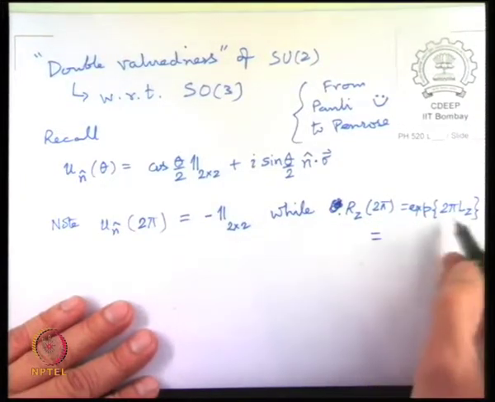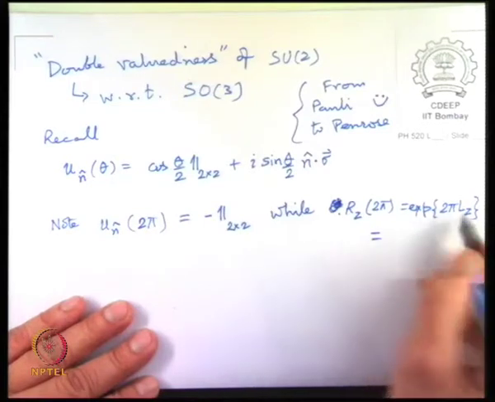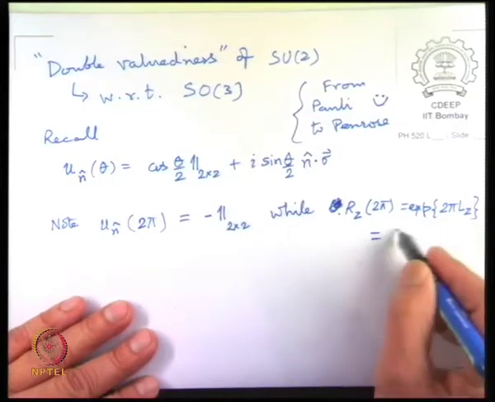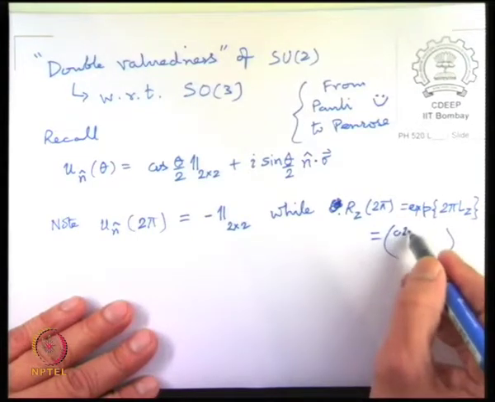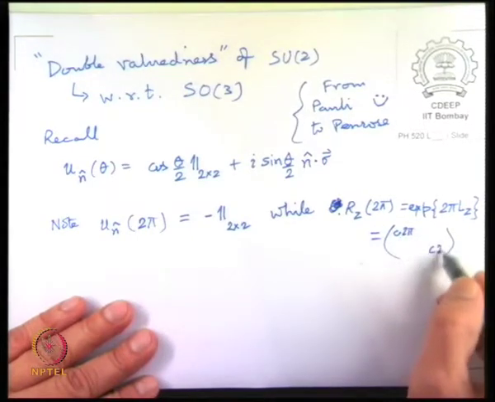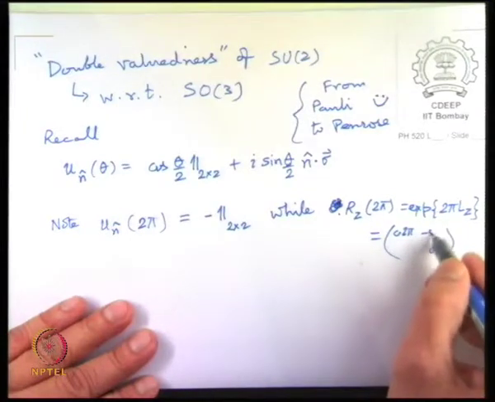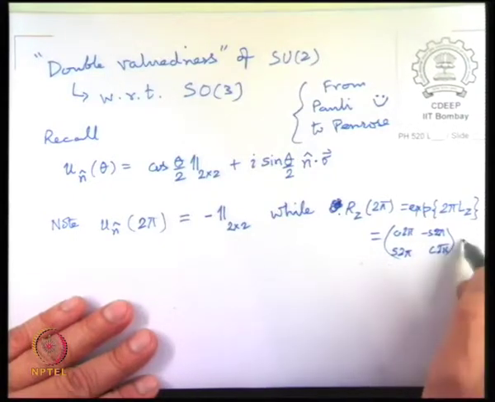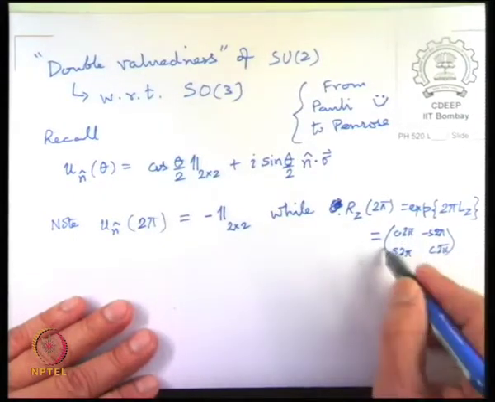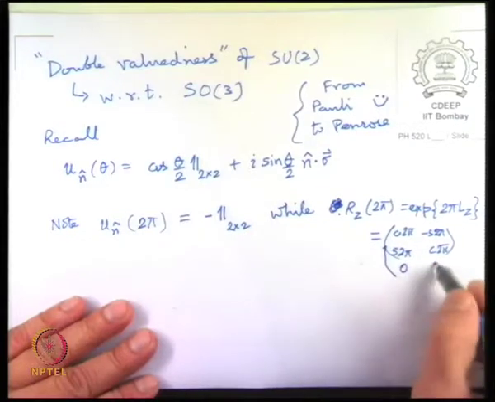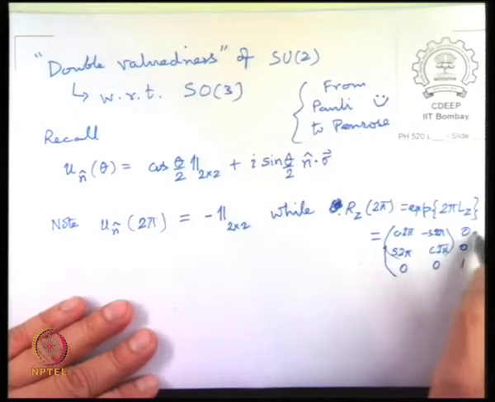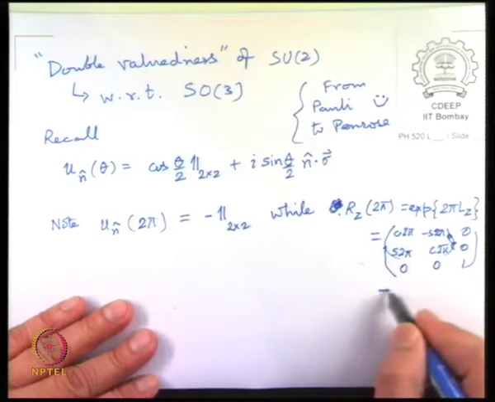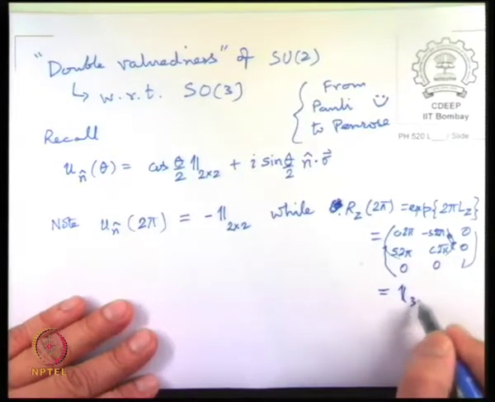But this exponential was just cos theta, sin theta, etc. So it was just cos 2 pi, minus sin 2 pi and sin 2 pi. So that is just equal to identity. There is a third row 0, 0, 1. Okay. So it was just equal to the 3 by 3 identity.